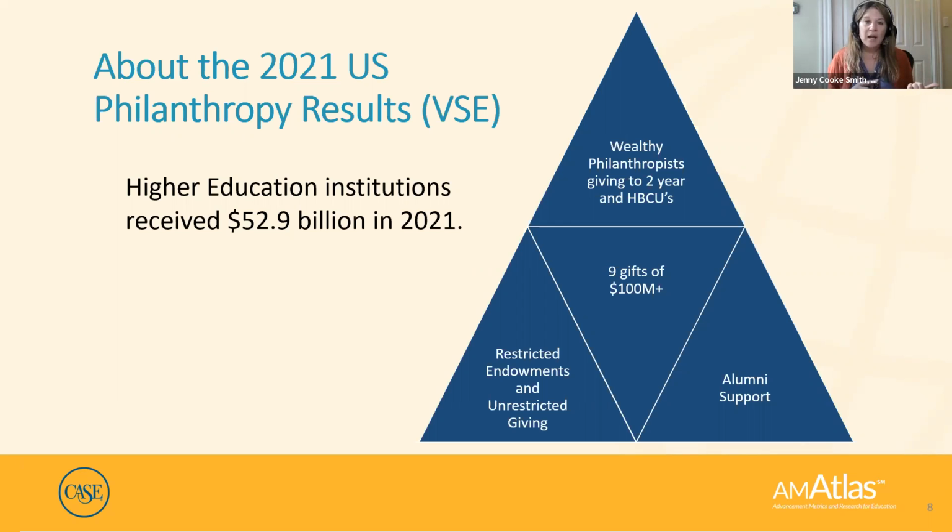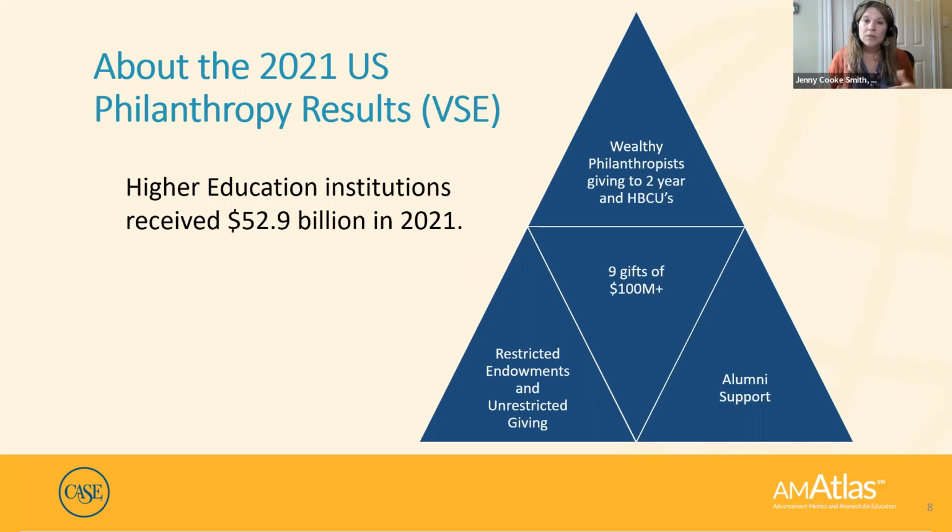But I will add that one of the headline numbers were gifts to historically underfunded institutions. And one of the things we saw is that incredibly generous philanthropists like MacKenzie Scott really did move the needle when we started to look at those philanthropic trends. We also saw, and we honestly see this every year for the past few years, but 2021 was no different, a number of gifts that were over 100 million that really helped elevate towards that 53 billion.